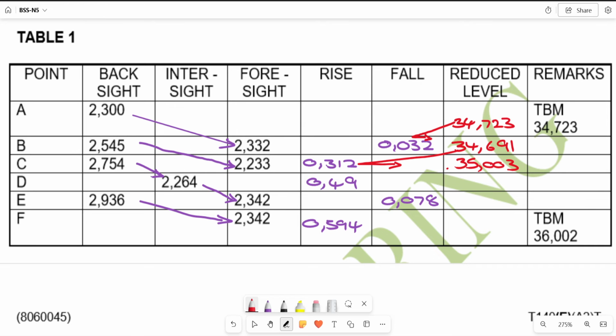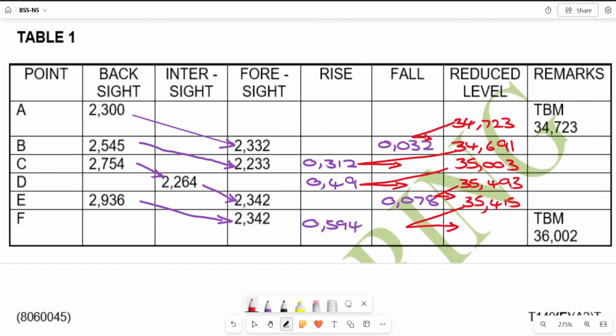And we are going to get 35.003. And again, it's a rise there. We have to add. So we are going to say 35.493. This is a fall, so we will subtract, and it's gonna be 35.415, right? And we have a rise, so we're going to add.